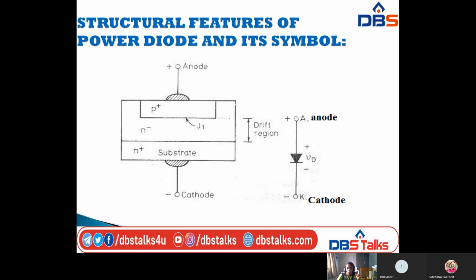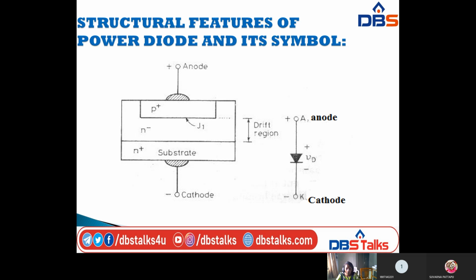Next, the structure, features, and symbol of the power diode. The anode is positive and the cathode is negative, and the output voltage across them will be V0.